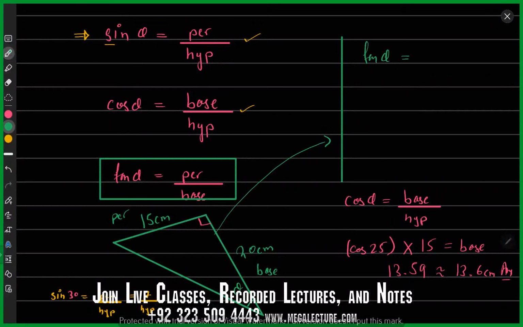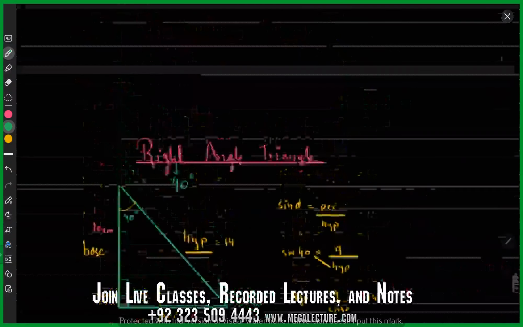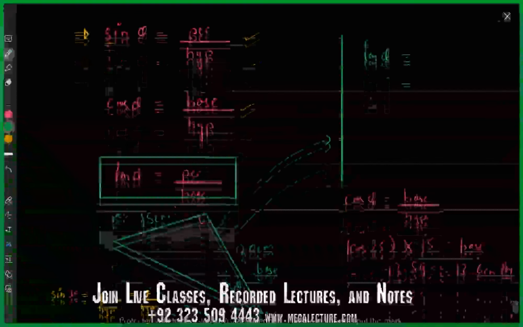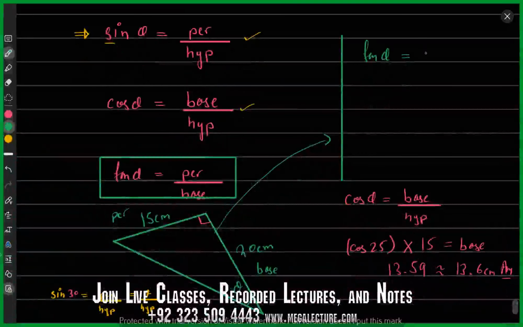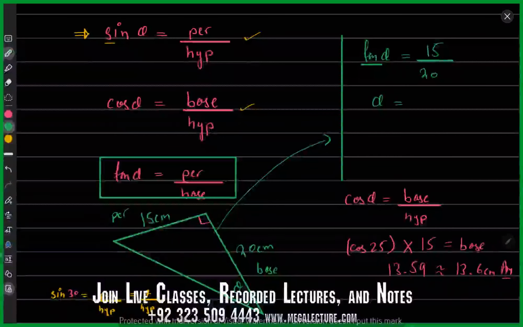theta is basically equal to perpendicular, and perpendicular is basically 15 centimeters divided by base, that is 20 centimeters. Then theta is equal to, when I take this tan on the other side, it would become tan inverse of 15 divided by 20. What is tan inverse? Take out your calculators.